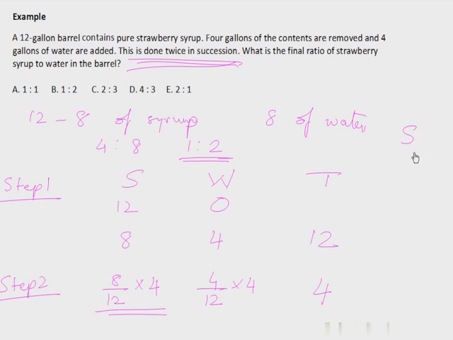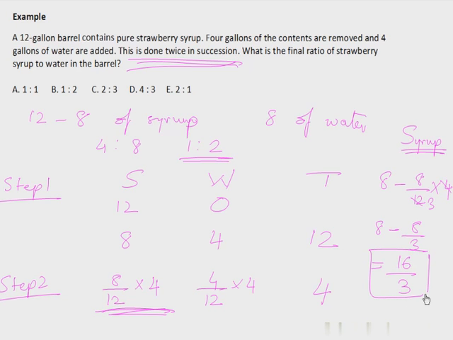So what's the syrup left? Syrup left is 8 minus 8 over 12 into 4. Because from the 8, this ratio was removed. And that is 8 minus 8 over 3, which is 16 over 3.